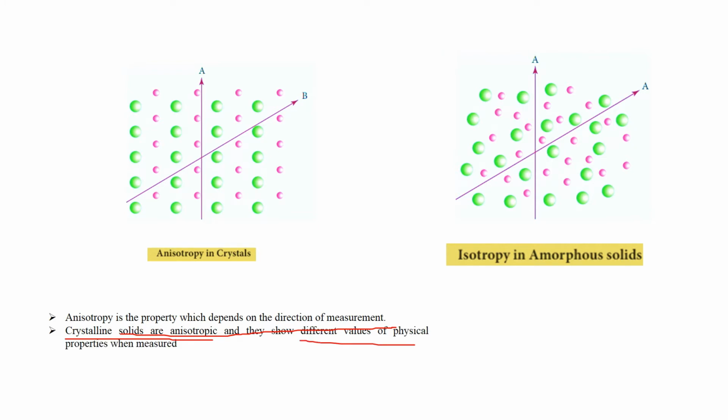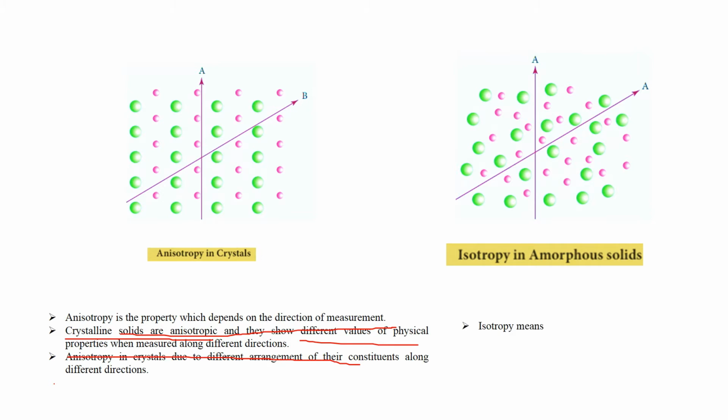They show different values of physical properties when measured along different directions. Anisotropy in crystals is due to the different arrangement of their constituents along different directions.